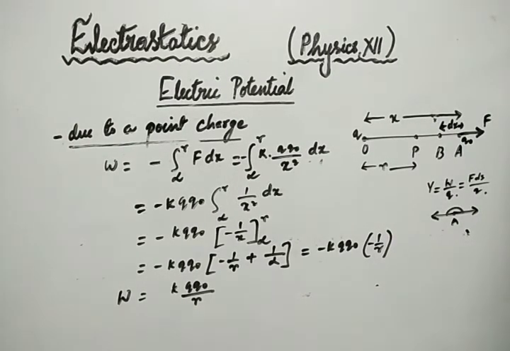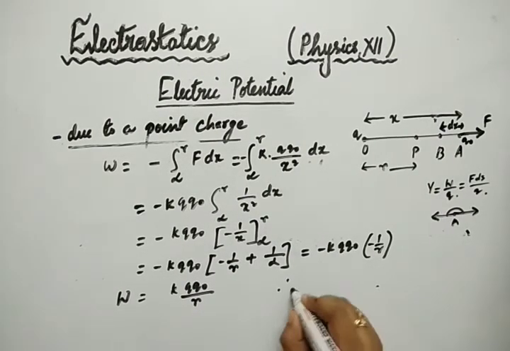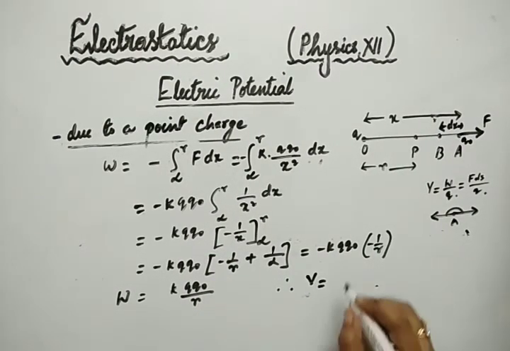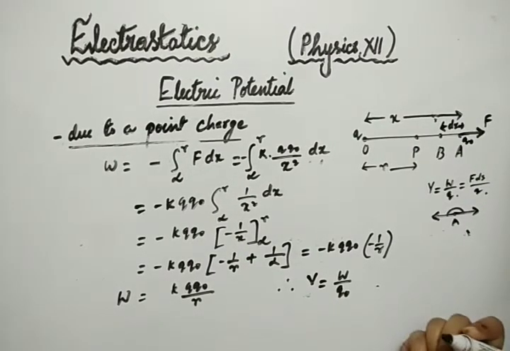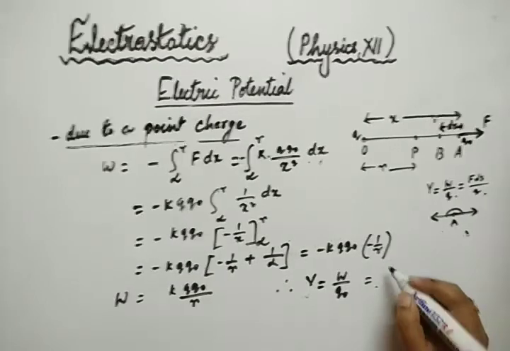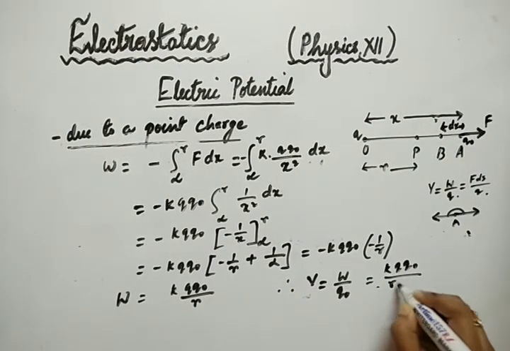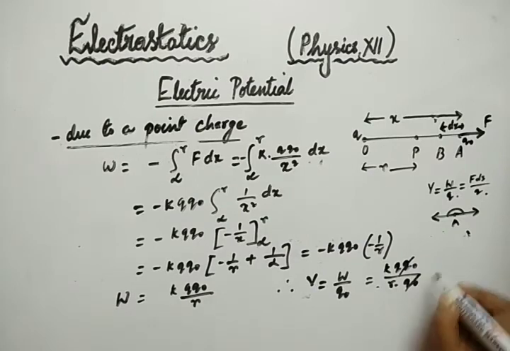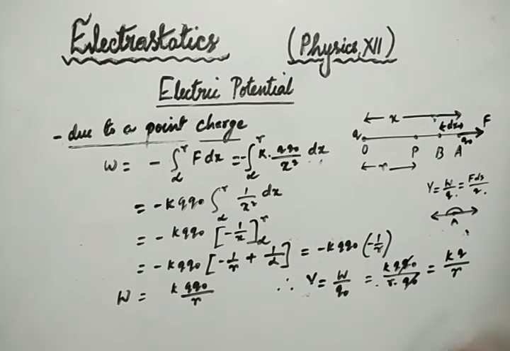Now to find out the potential, we know V equals W by q naught. So we can write K Q q naught by r into q naught, and q naught will get cancelled. So KQ by r. This is your potential.